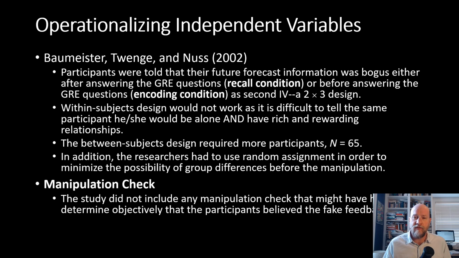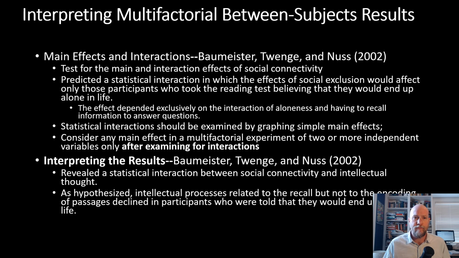So how do we interpret a between subjects experiment in a multifactorial design? Well, we're still using the idea of main effects and interactions. They tested for the main effects and interaction effects of social connectivity and when you were told about this information.